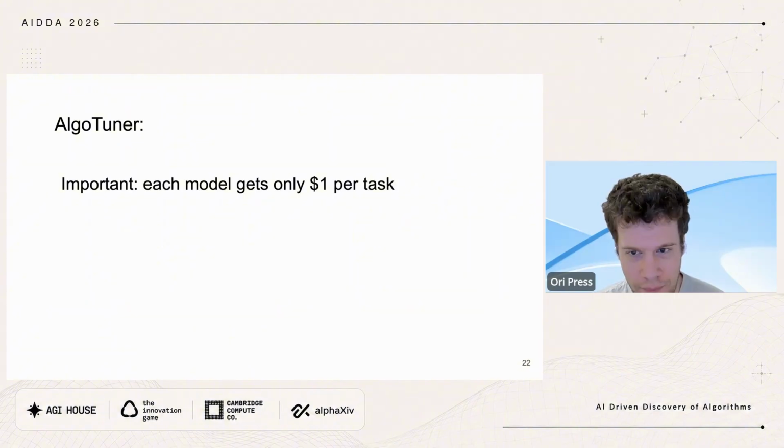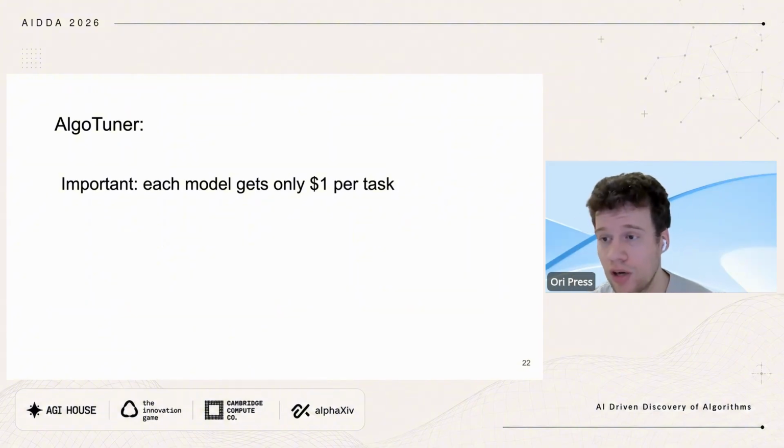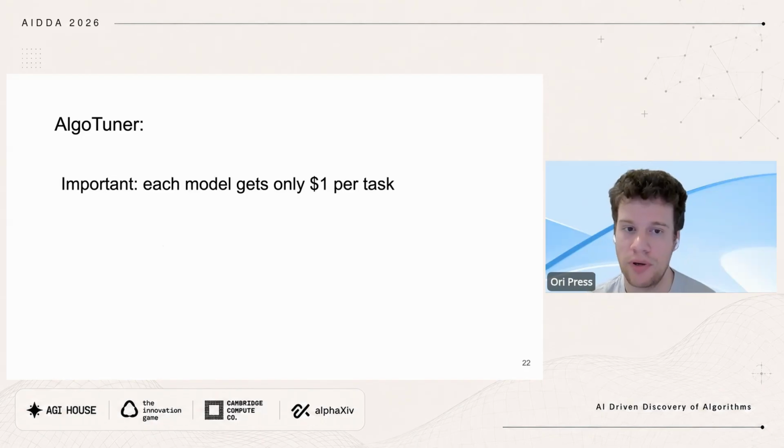Oh yeah, the one limitation that we do have is that models get only $1 per task. Code optimization is something that you can theoretically do forever. It's not like a SWE-bench task where you fix a bug and then you're done. So we have to limit you in some way, and we thought the fairest way was to give every model $1, let them run, use up their budget, and then stop them.